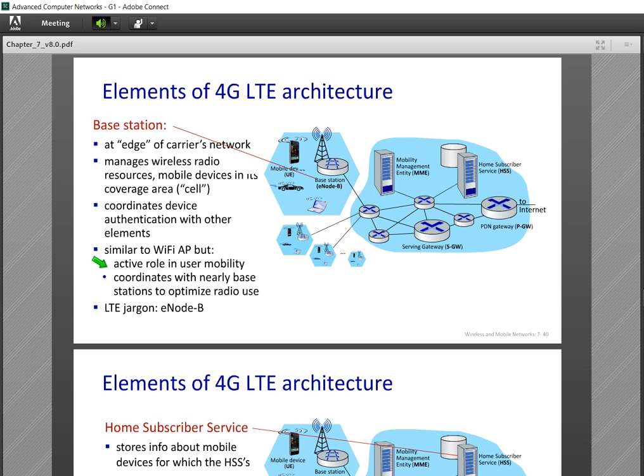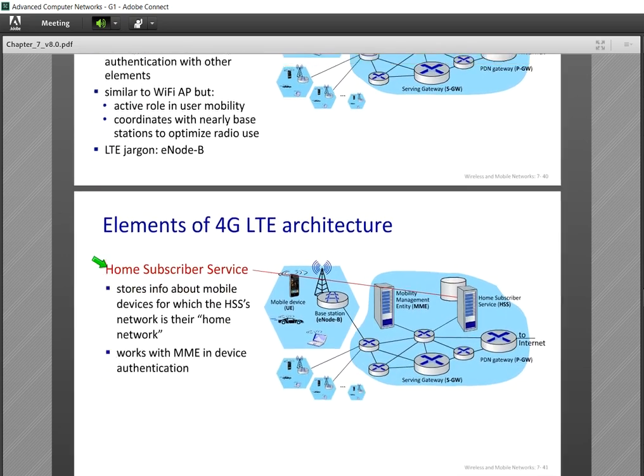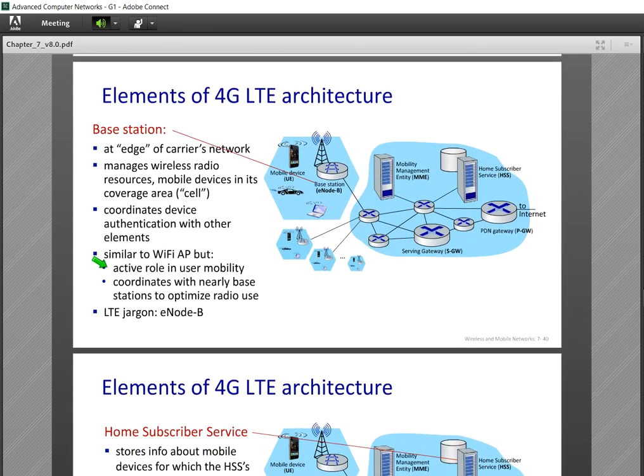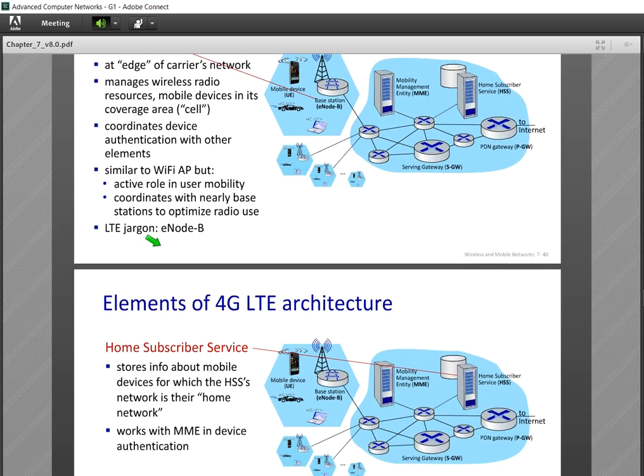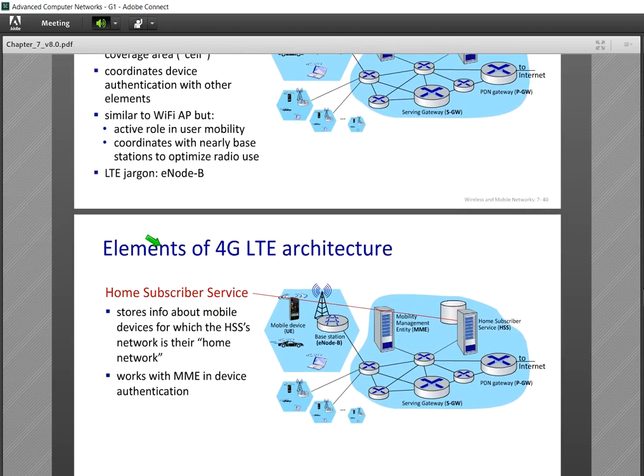So we should actively handle mobility in wireless networks. And in LTE we call the base station an eNodeB.